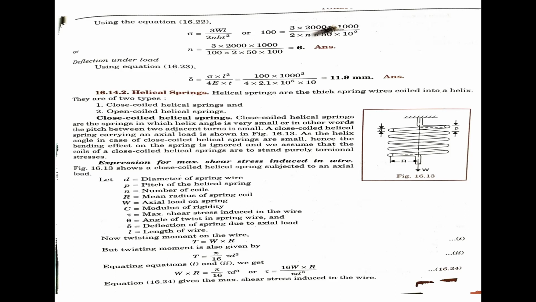For the derivation of closed coil helical spring, the parameters are small d, small p, small n, capital R, capital W, capital C, tau, delta, theta, and small l. These are the parameters I have to use for a closed coil helical spring. The definition of closed coil helical spring: the distance between the adjacent coils, that means the pitch, is small.